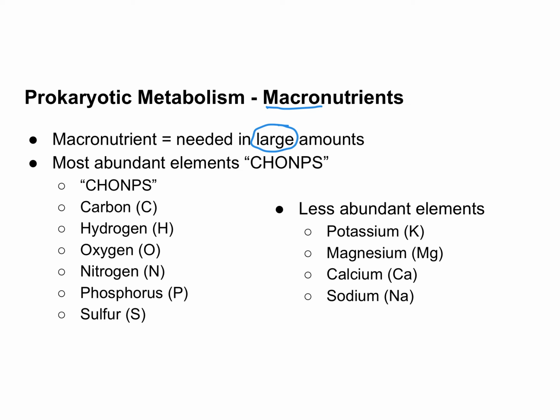And that's just made up of carbon, hydrogen, oxygen, nitrogen, phosphorus, and sulfur. Some other macronutrients that are still needed in a macro amount, but are less abundant than the carbon, hydrogen, oxygen, etc., are things like potassium, magnesium, calcium, and sodium.